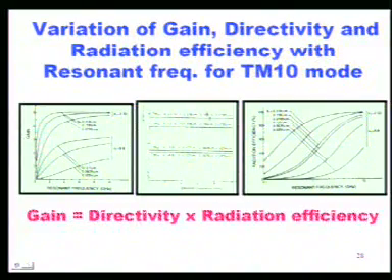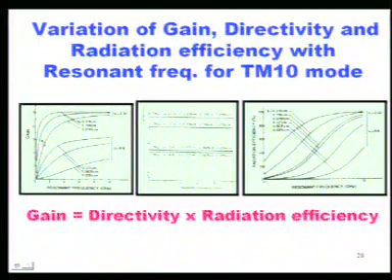The directivity, for low dielectric constant, will be larger, around 6 dB, whereas high dielectric constant will have a low directivity between 3 to 4 dB, and gain is near 5 dB over here, again near 2 dB gain.